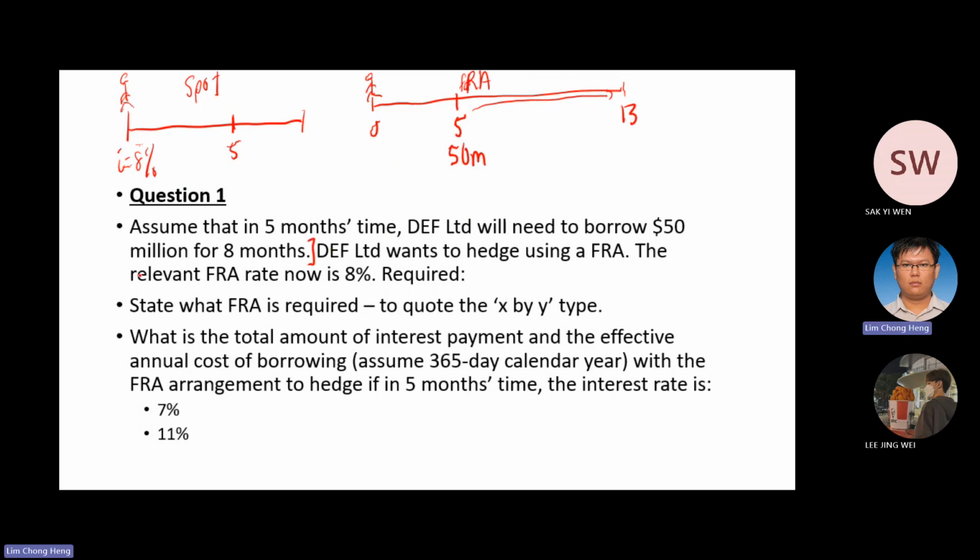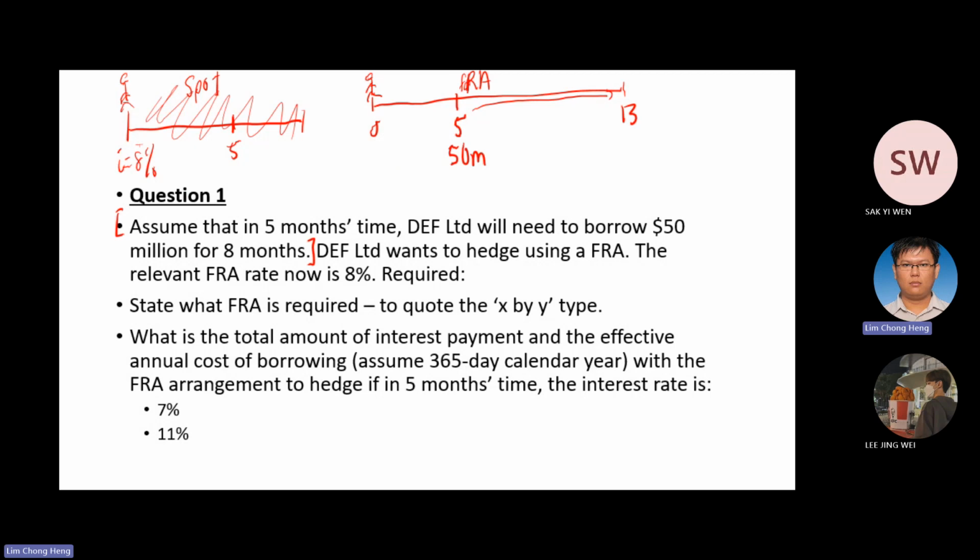Normally in the forward market, we can ignore the spot. The story only focuses on the FRA. That's why in the forward market, I only draw 1 line.